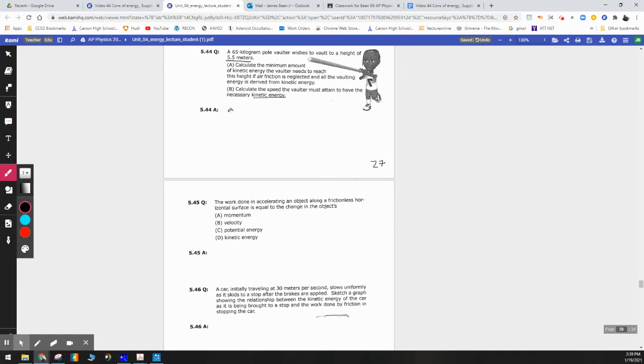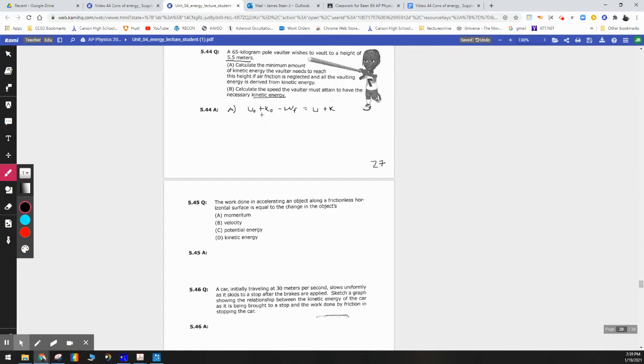For part A, let's give you a hint. We're going to start with potential energy initial plus kinetic energy initial minus any work done by friction is equal to final potential energy plus final kinetic energy. Take a quick look and see what kinetic energy needs to be.